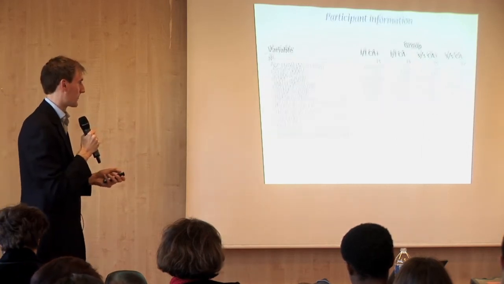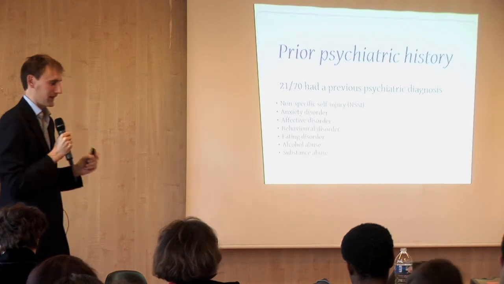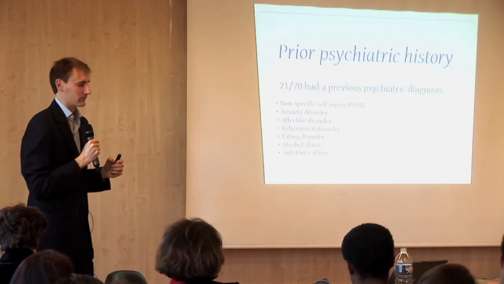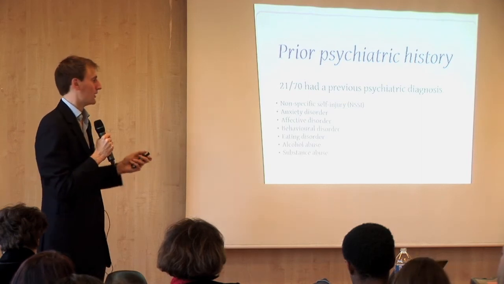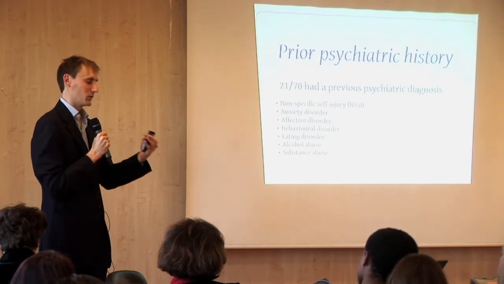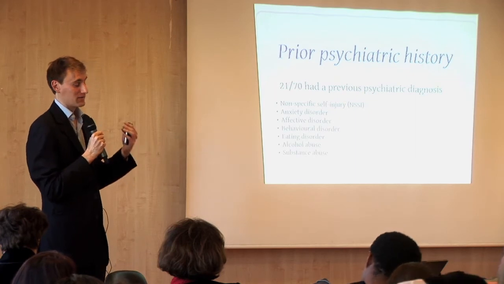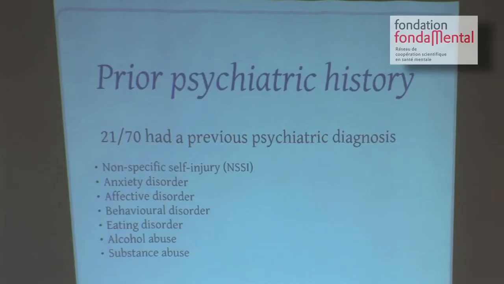Okay, so as I mentioned, people were free of any psychiatric illness at the time of scanning, but because we had this data we were able to look back and say, did any of these participants ever report any psychiatric illness in one of their previous assessments?